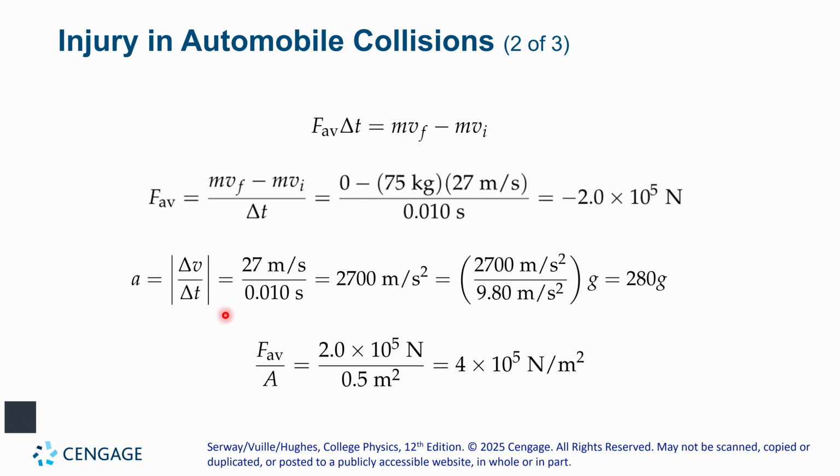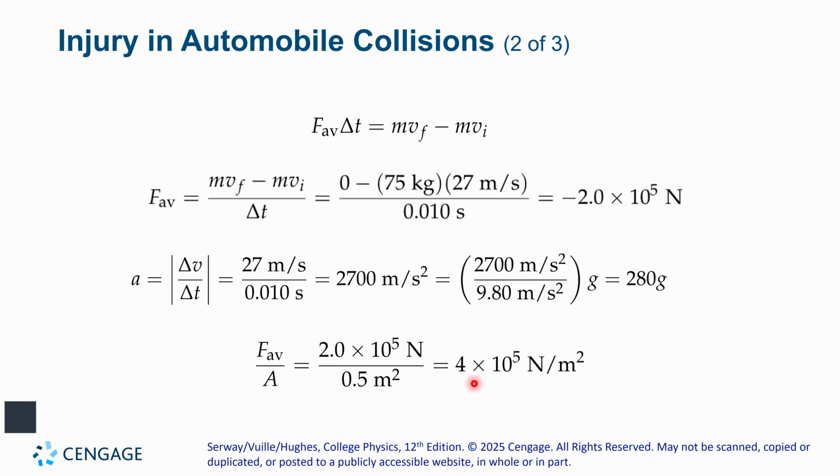This is equivalent, within this time interval, to an acceleration of about 200 accelerations of gravity, 280 g. If we want to calculate the whole body pressure, with an area of roughly half a meter squared, we take the average force that we found from the change in momentum, or impulse, and divide by this area.